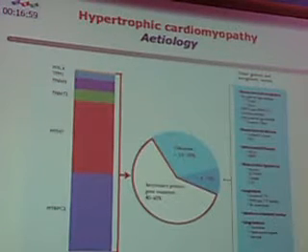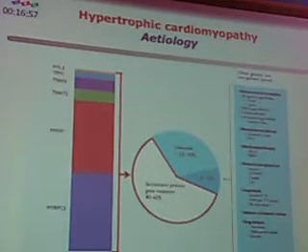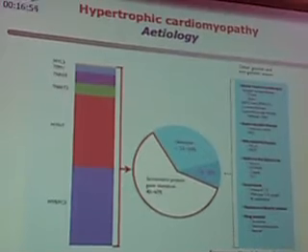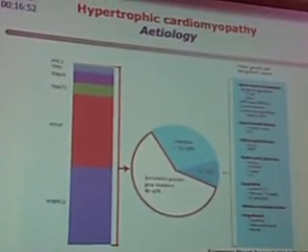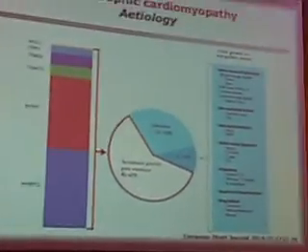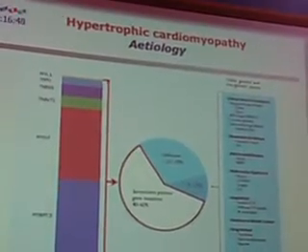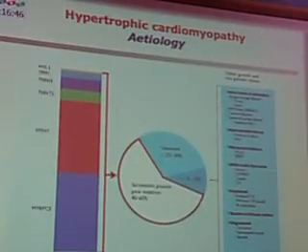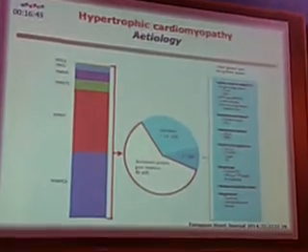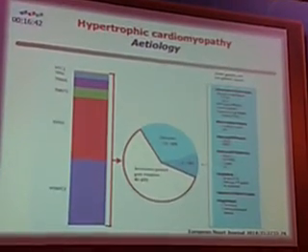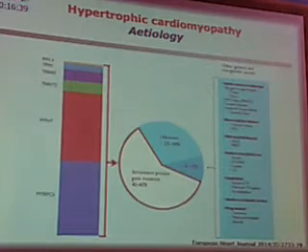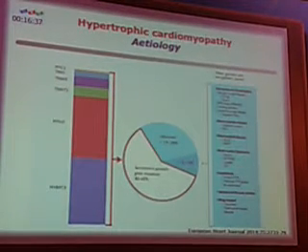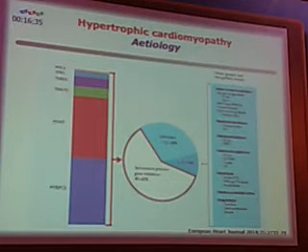And here, you have the opportunity to see the main reasons, the main etiologies behind this left ventricular wall thickness increase. It is a sarcomeric protein gene mutation in a percentage between 40 to 60%.